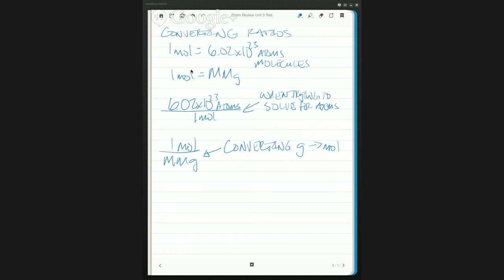One more thing I actually want to mention as it relates to the counting by weighing activity. This is the part that a lot of people get messed up, and I actually don't have it in front of me right now, so I'm just going to make up something entirely different.